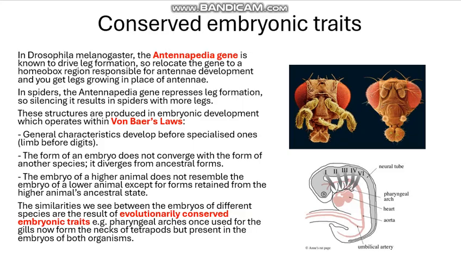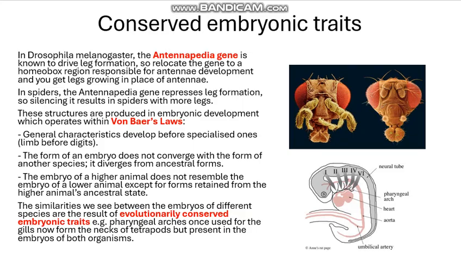The form of an embryo does not converge with the forms of another species, it diverges from ancestral forms. So the end product of an embryo isn't going to follow the exact same path as other species, because they have different evolutionary trajectories.